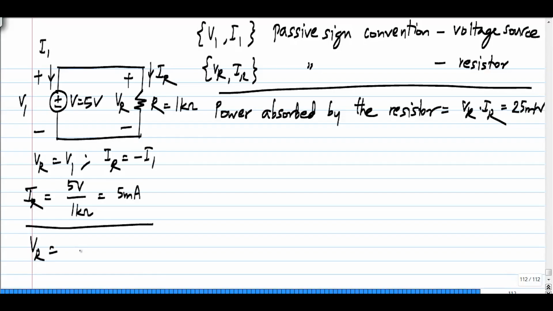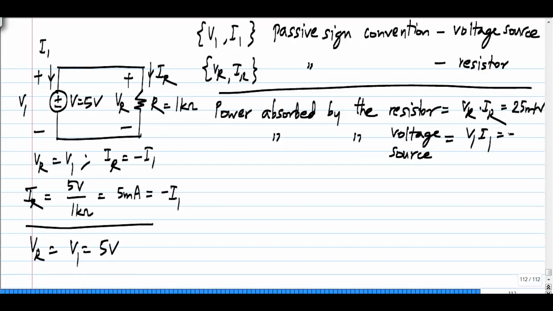V R, which is V 1, is 5 volts, and I R is 5 milliamps, and that is also equal to minus I 1. And the power absorbed by the voltage source equals V 1 I 1, which is minus 25 milliwatts. Okay. So, this means that the power absorbed by the voltage source is negative. In other words, it is delivering power.